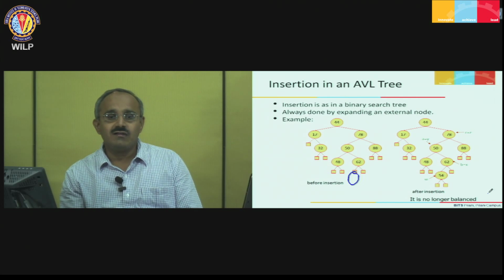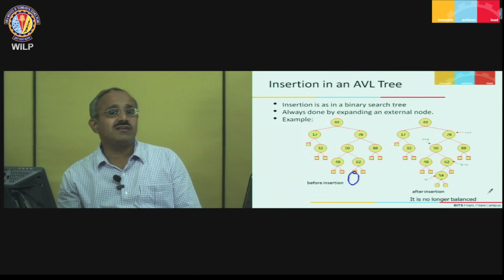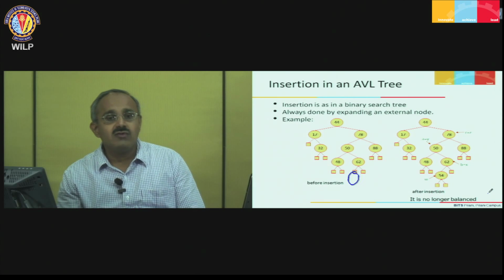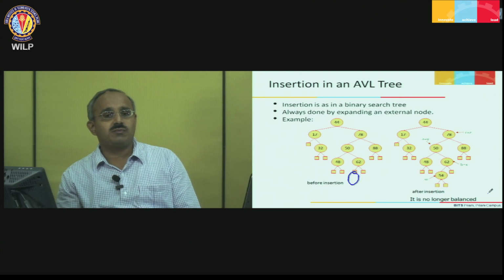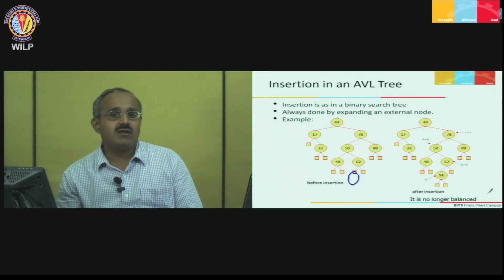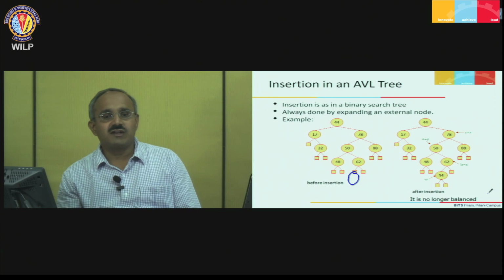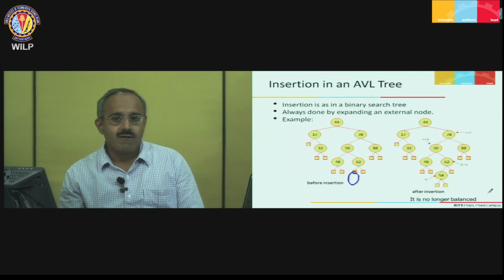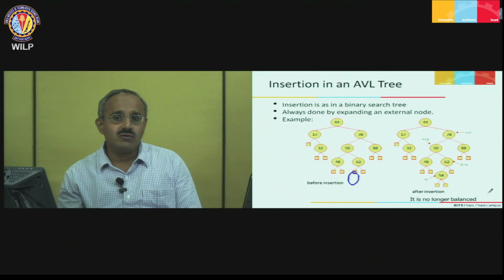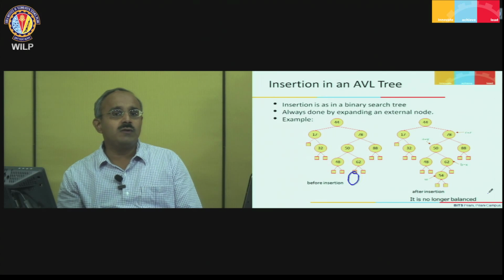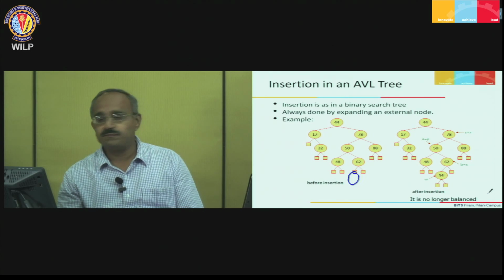So, we have inserted key 54 as we would have in a binary search tree, and at this point the binary search tree property is satisfied. Let us try to check the height property of this tree. If it satisfies the height property also, then there is nothing to be done, and it is an AVL tree.